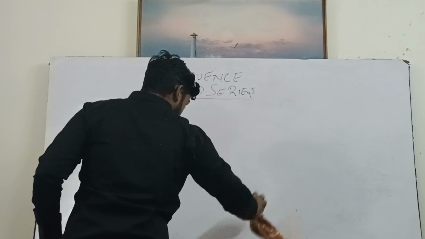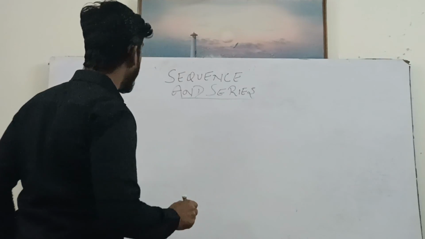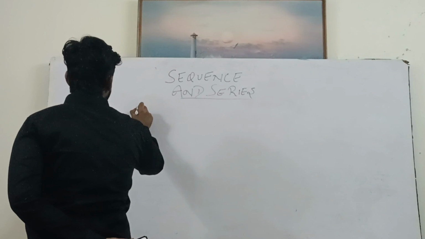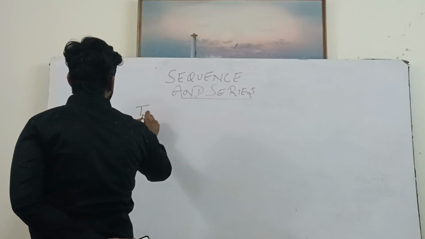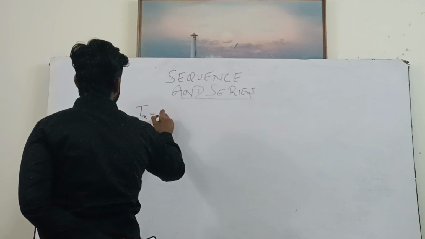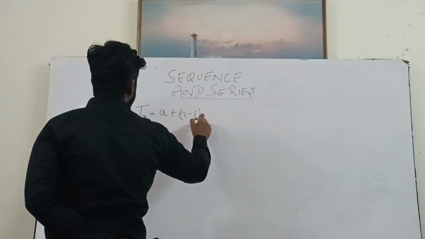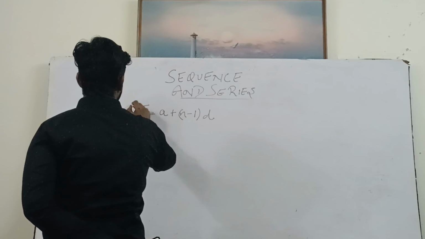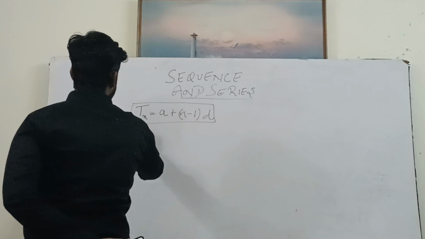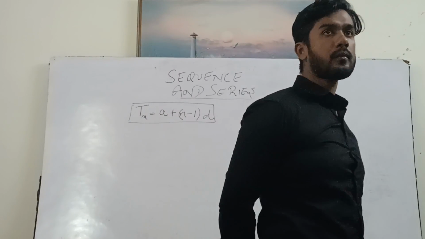First of all, I am writing down the formula which we have read, and in that we already saw that the general term or the nth term of an AP whose first term is a and the common difference is d is given by this formula. We have already seen the proof of this formula, how this formula came.